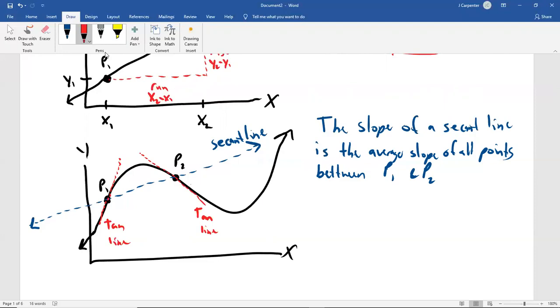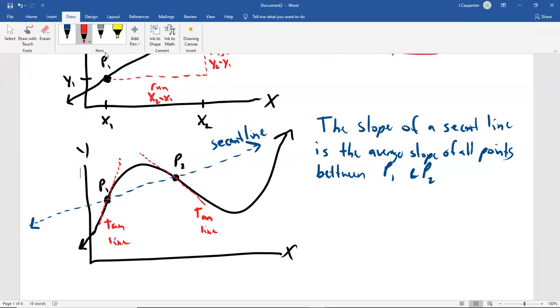The slope of a secant line is the average slopes of all points between them. So that's a good starting point for getting into calculus, which is trying to find the slopes at these singular points, to find the slopes of these tangent lines instead of using secant lines.